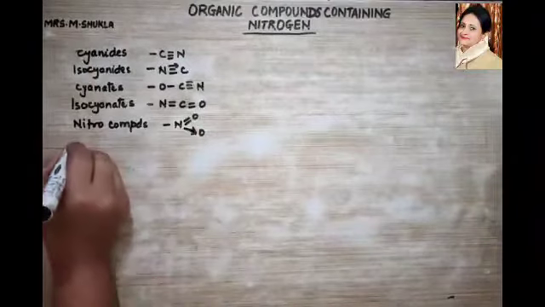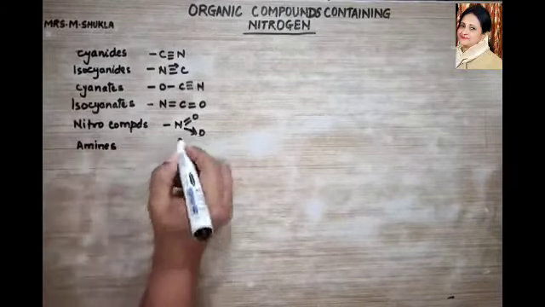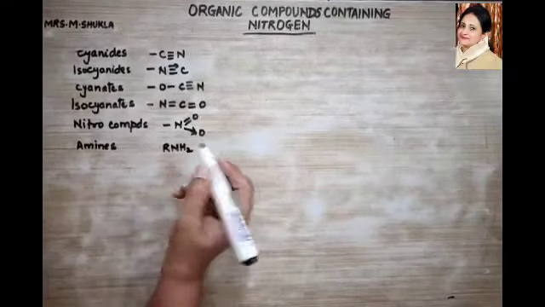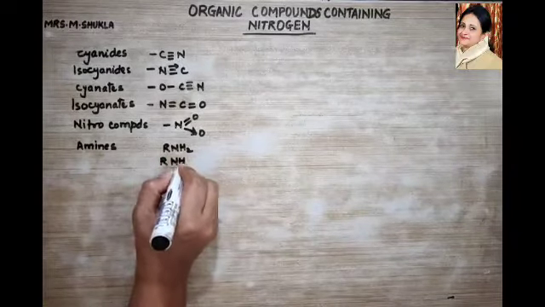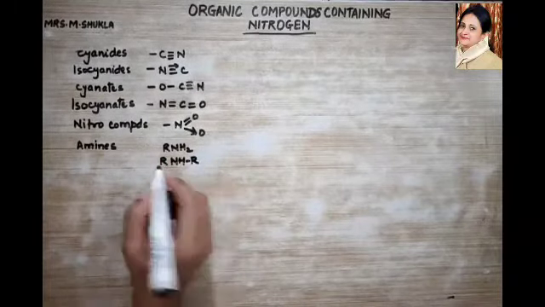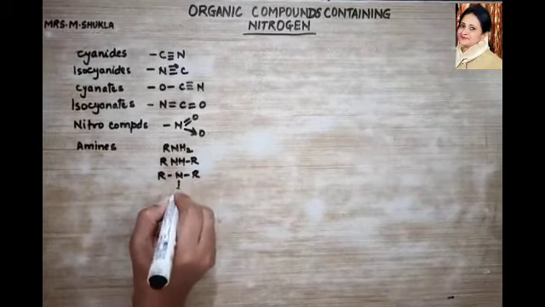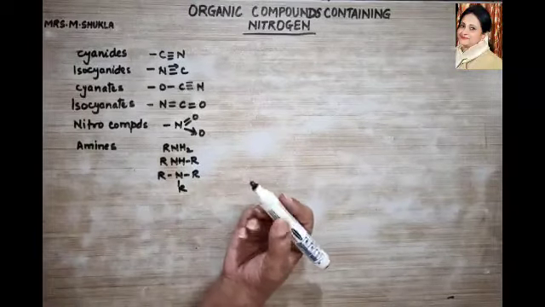Okay, then amines. This is what we are going to study in this chapter. Amines could be written as RNH2, or they can also be written as RNHR, or R, N, R and R. They are of three types: primary, secondary and tertiary.